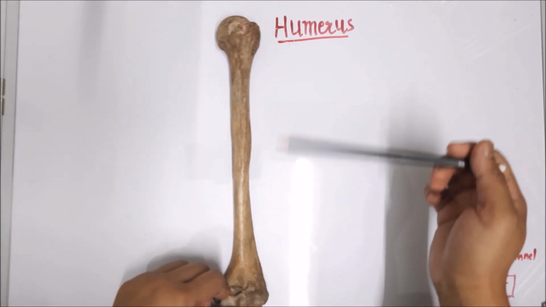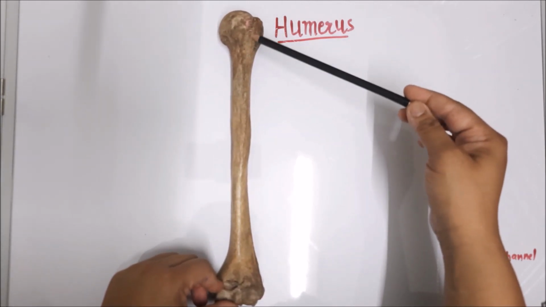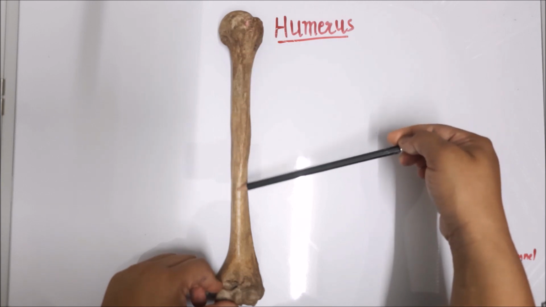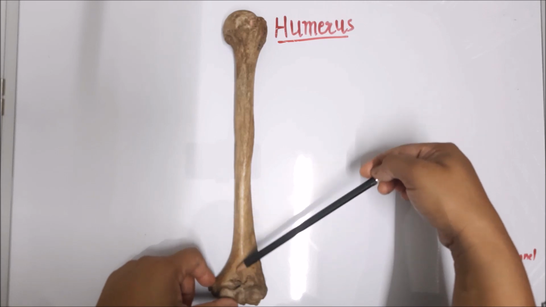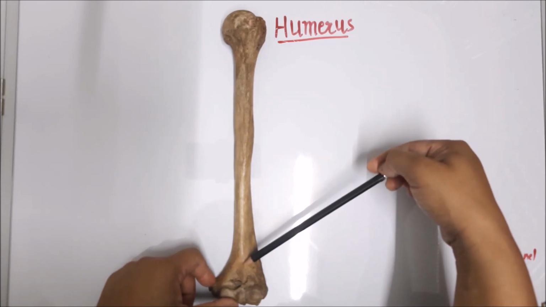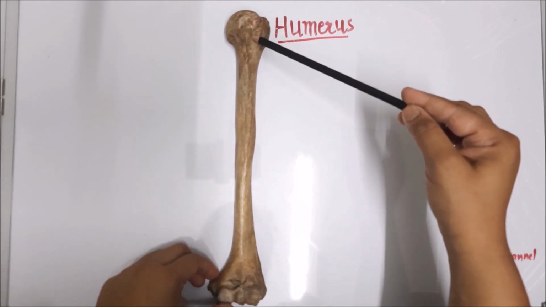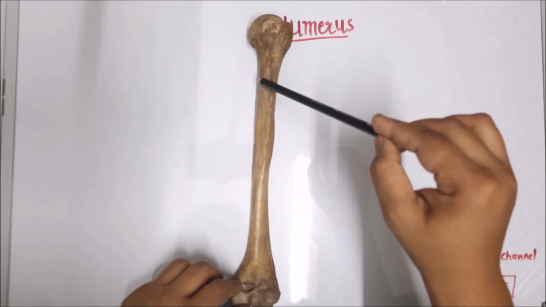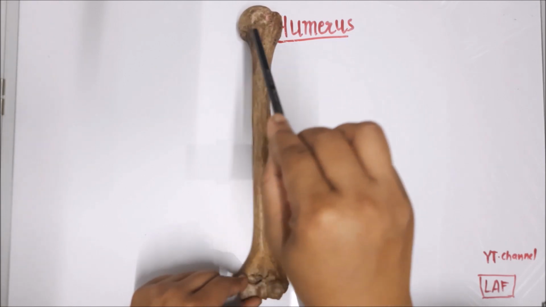The shaft has three borders and three surfaces. The border which begins from the lateral lip of the intertubercular sulcus passes downward anteriorly towards the radial and olecranon fossa. This is known as the anterior border. The border which begins from the medial lip of the intertubercular sulcus continues as a medial supracondylar ridge.